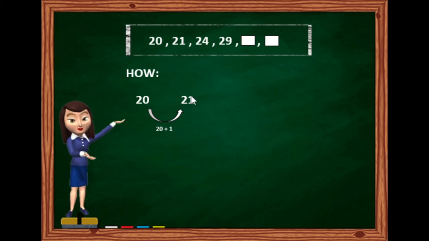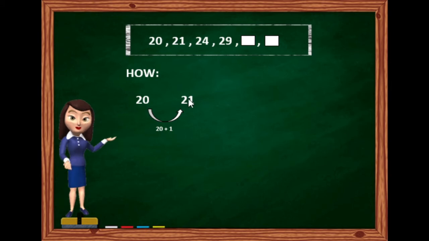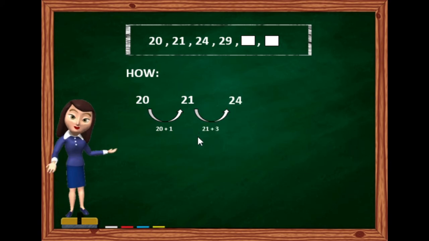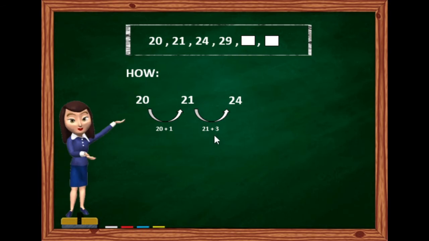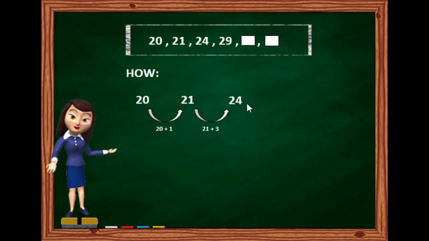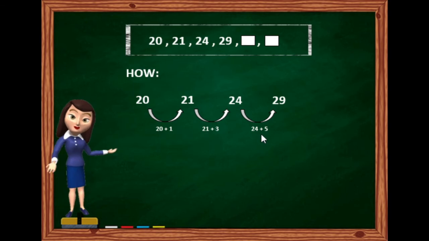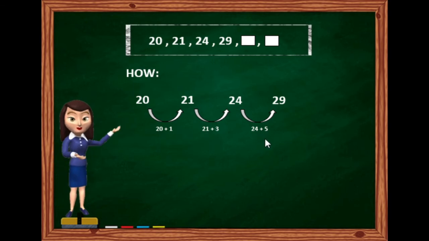Next, how was it possible that after 21, the number is 24? It could also be 21 plus 3. That makes 24. And 24 turns to 29 because 24 plus 5 is equal to 29.